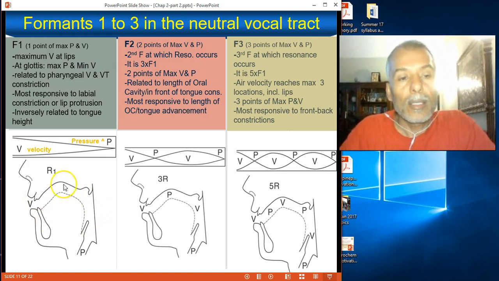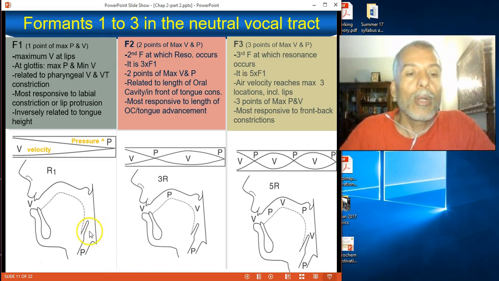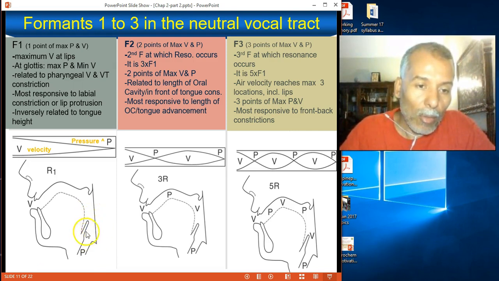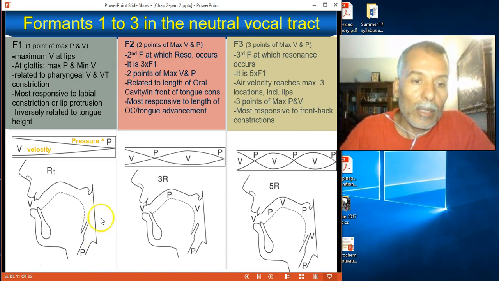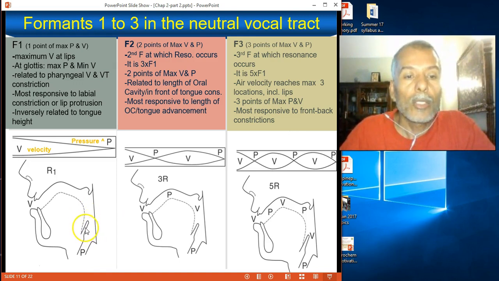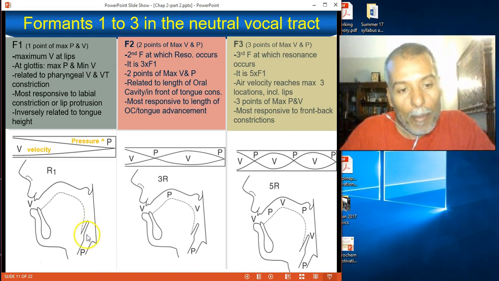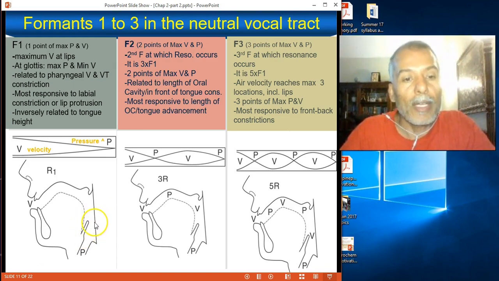That first formant is often measured in the posterior lower pharynx. So in the back here, behind the tongue, lower in this area is going to be F1. So any change in shape in this area is going to affect F1. It's going to make this formant higher or lower.